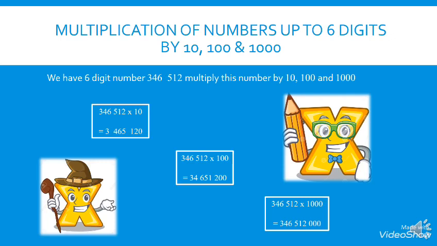Then we multiply the same number with 1000. We get the answer 346,512,000. Here as above, place 3 zeros to the right side of the number and the number moves 3 columns to the left.